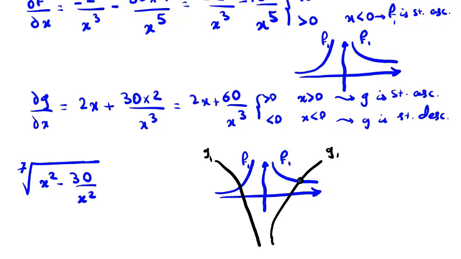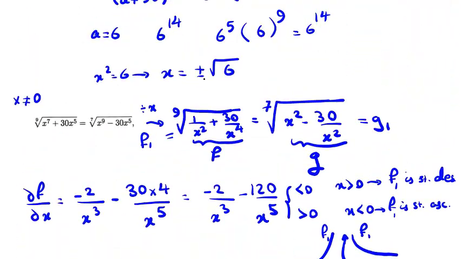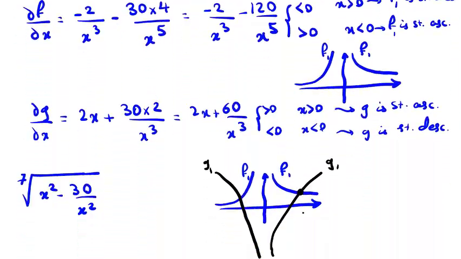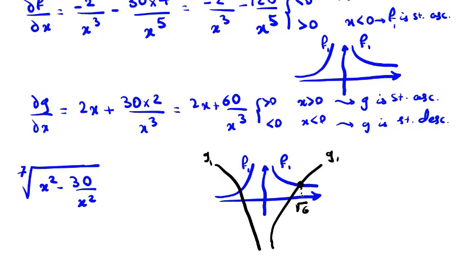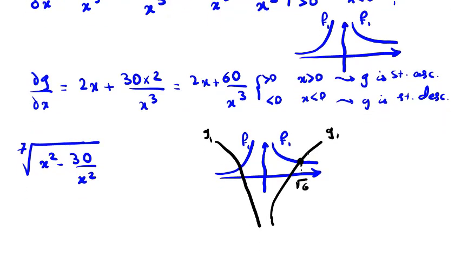So the answer of this, we found that it was what? Root 6, so it is the case plus root 6. They see each other at this point, and after that, g1 is strictly ascending, f1 is strictly descending, so they don't meet each other again. And also this point will be negative root 6. So we proved there are only these 2 points that are roots of our function.